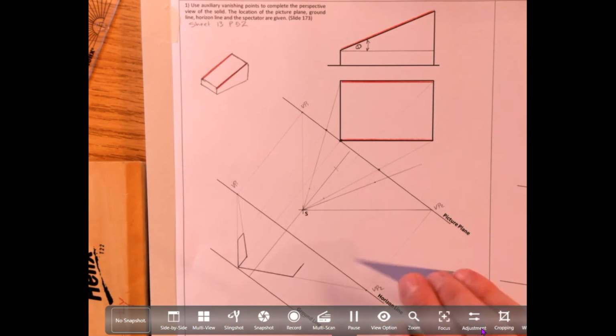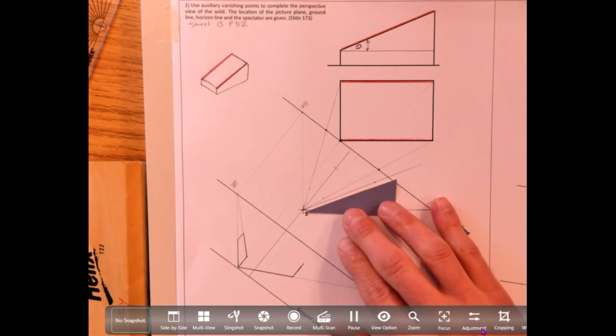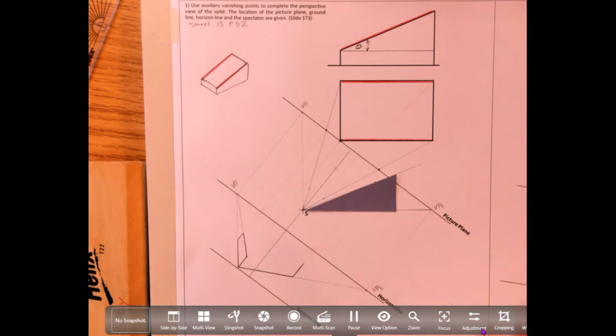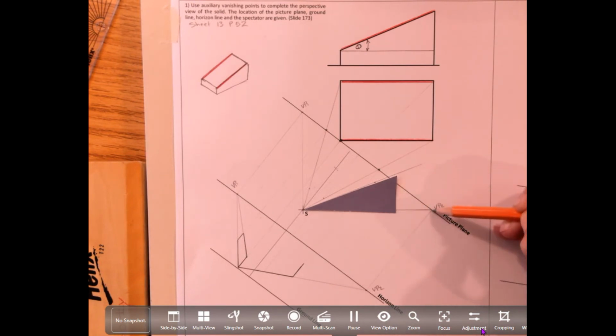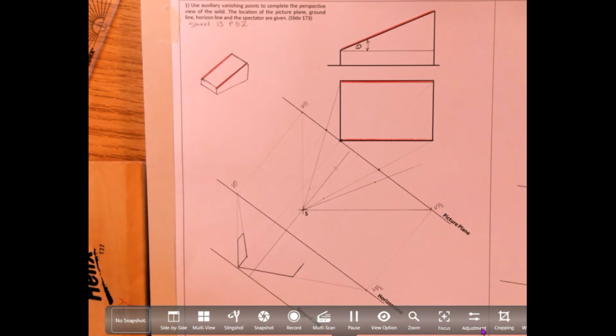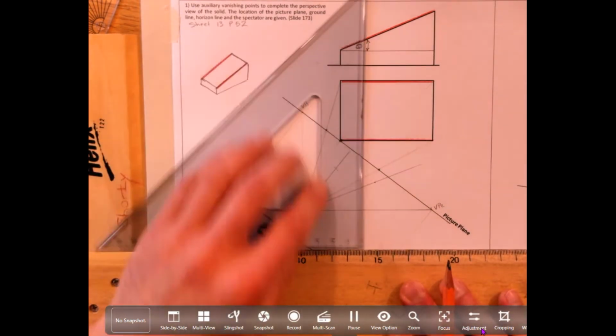So at the minute, I've got this much of the angle. But I need to extend it out. This 90-degree angle here needs to be moved out to here. So from the vanishing point, what I need to do is come off at 90 degrees to that line.